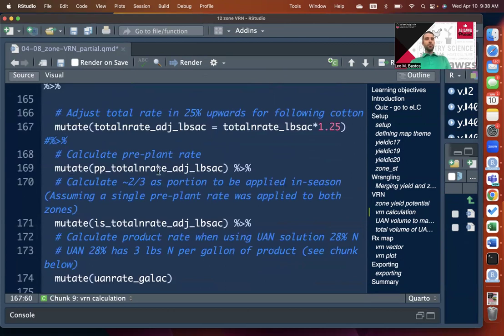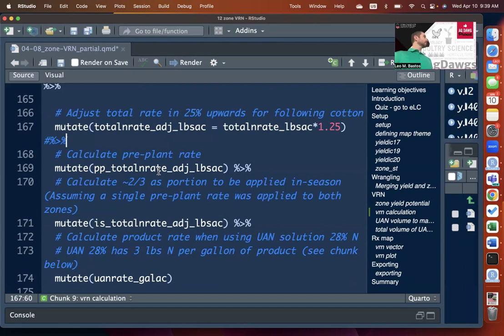All right, so this is our total rate, right? So this is the rate that we should apply in total for the growing season. If you recall, the UGA cotton production guide recommends that we apply one third to one quarter at planting, and then apply the remainder at side dress, which is between first square and first bloom.